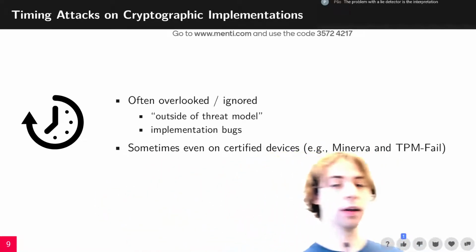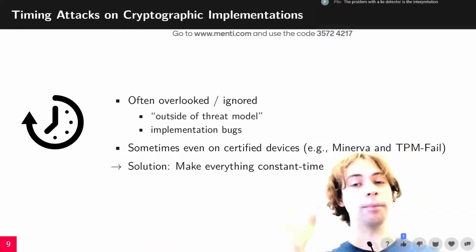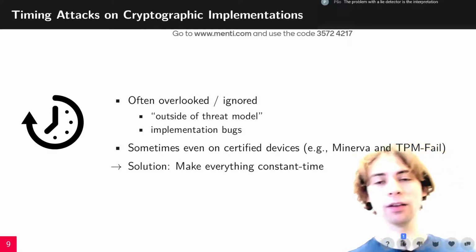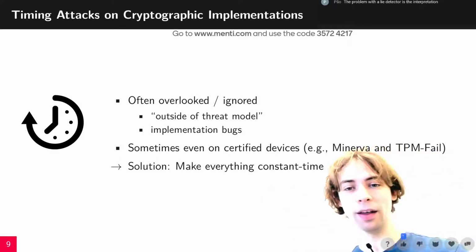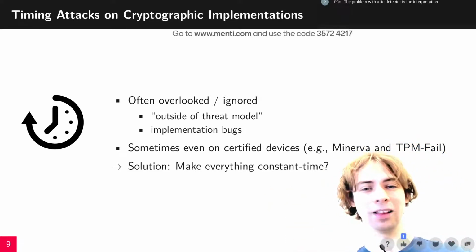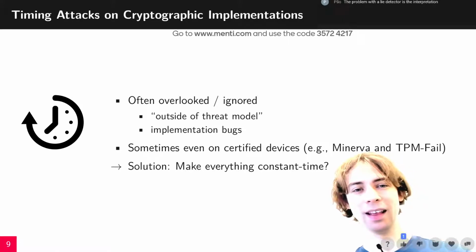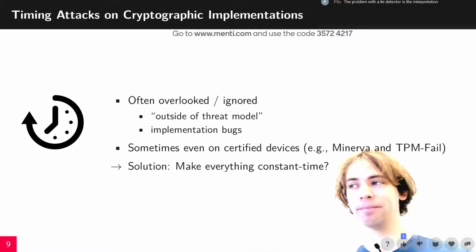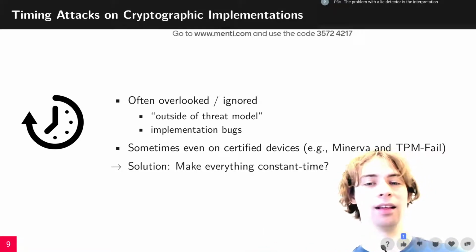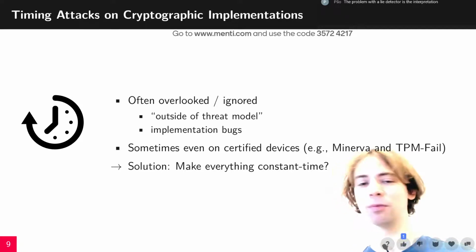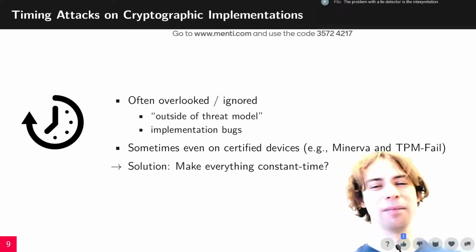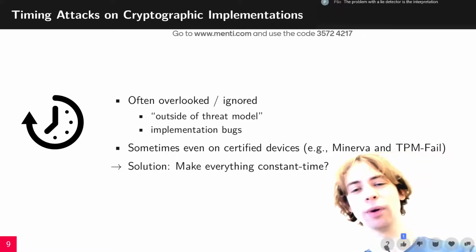The solution is, of course, to make everything constant time, and cryptographers have known that for a long time. That's why they always talk about constant time crypto. Well, constant time, that's actually quite difficult, right? For instance, OpenSSL or also Mbed TLS, also a popular crypto library, sometimes say, well, constant time is too difficult, too expensive.